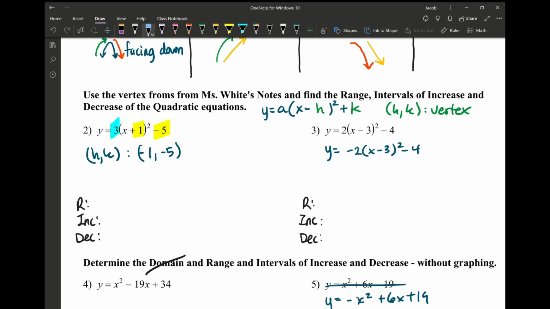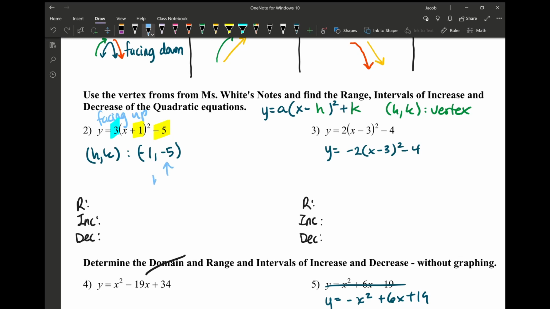So if we're facing up, I know which half of the parabola is going to be increasing and which half is going to be decreasing. I also know what my range is going to be, because I'm going to start at the y value. The y value is my bottom, the bottom of my range.